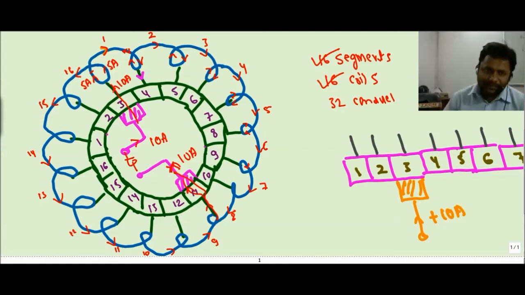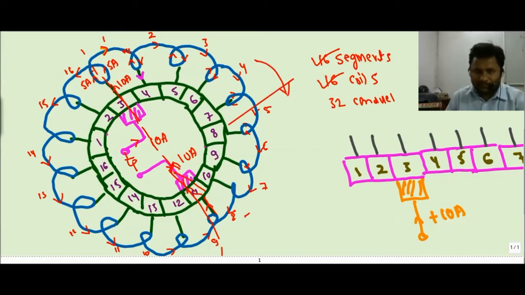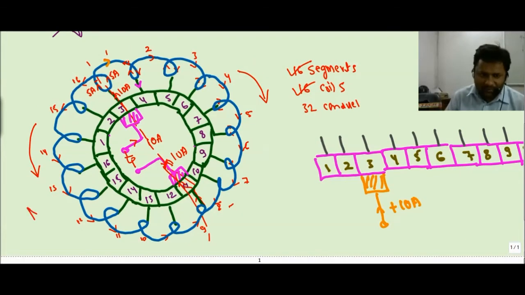If I make a bisector like this, conductors 1 to 8 have current in this direction, and the current in conductors 9 to 16 flows in the opposite direction. Suppose this side is under the influence of north and this side under the influence of south.